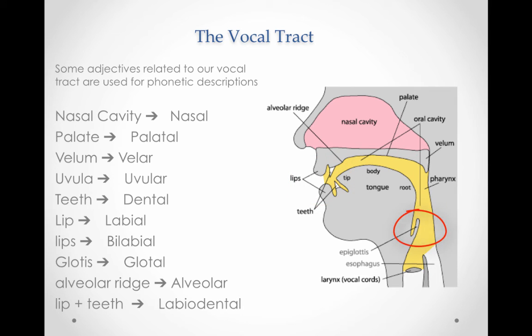The glottis, glottal. The alveolar ridge, we call them alveolar. And if we combine the lips plus the teeth, then we call them labiodental. Labio from lips and dental from teeth.